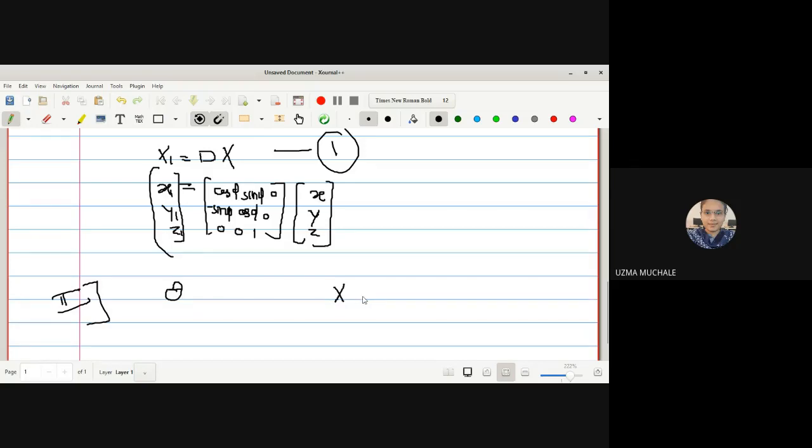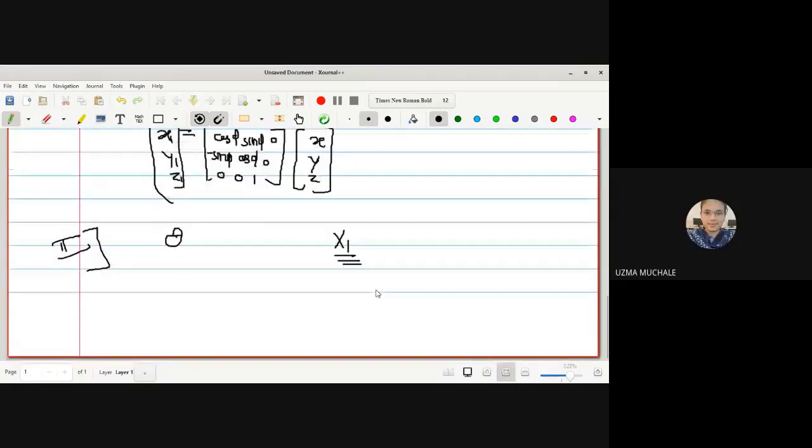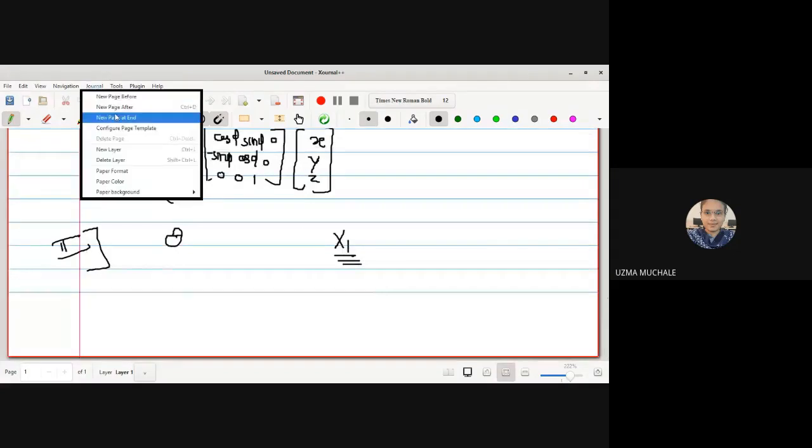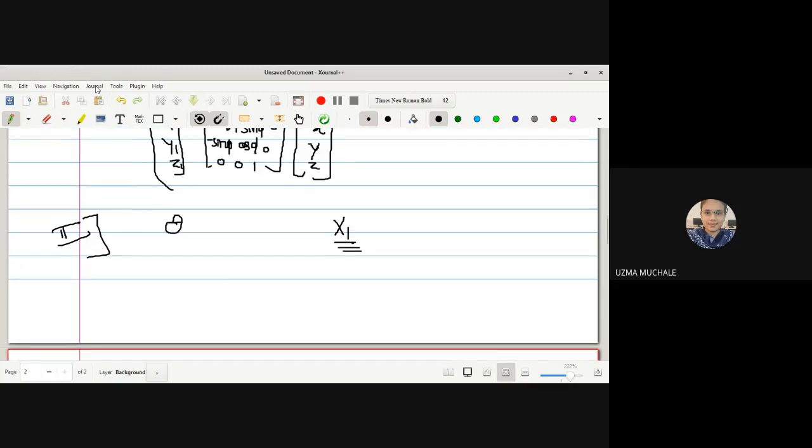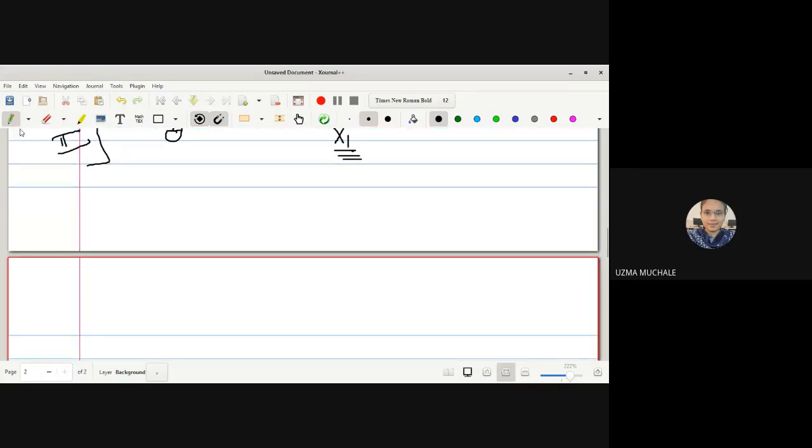That means we are not going to change the x-axis. Initially it was the x-axis, but now it is x1. So we are going to perform the rotation by fixing x1. Let me draw the sketch so that you can understand how to find the rotation fixing x1.